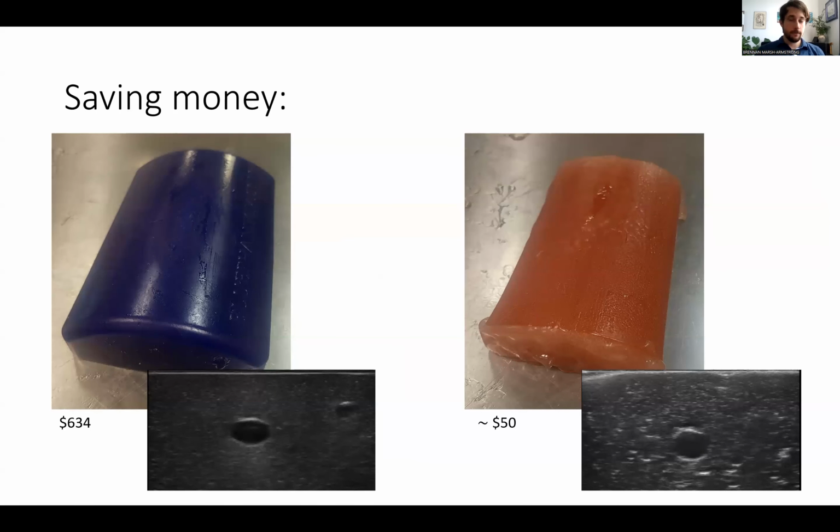So the first step of the process that I did for innovating and changing this at the UCSD Simulation Center was looking at the blue block and realizing I can make that. It's just a block of silicone, and it's not even a complex shape. So, I broke open a CAD software.